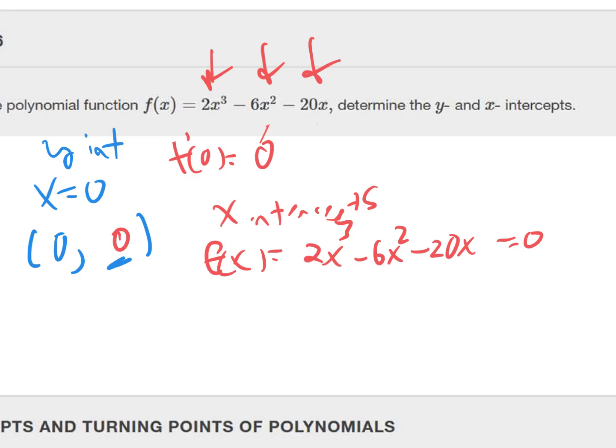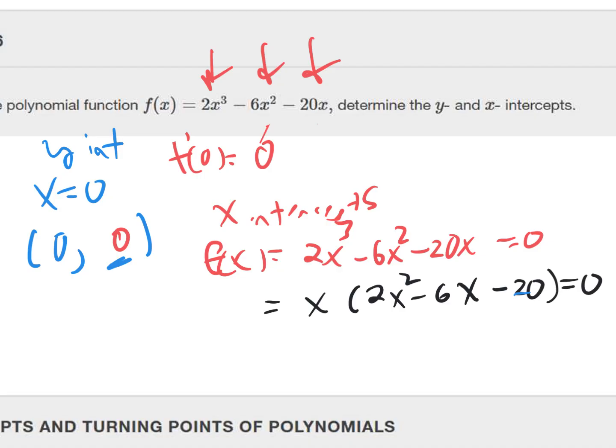Thank goodness that there's an x in every term, because that means I can factor an x out, leaving a 2x squared. Take one of the powers away from the 3, because I pulled out an x, minus a 6x minus a 20 with no x's, equal to 0.